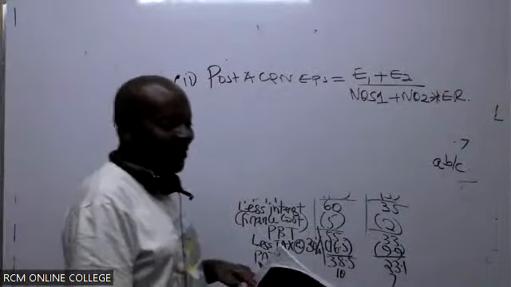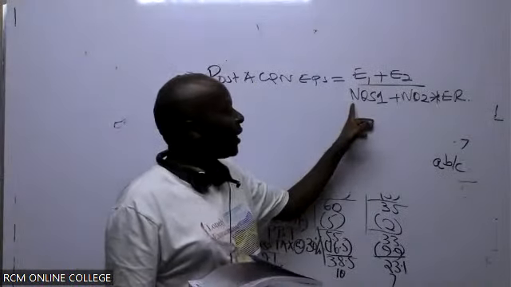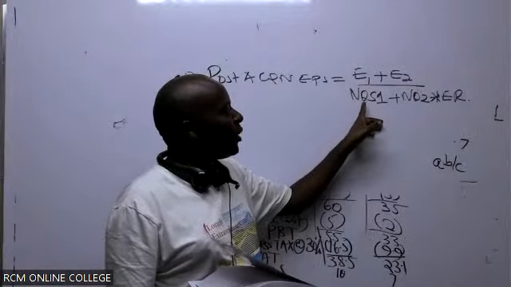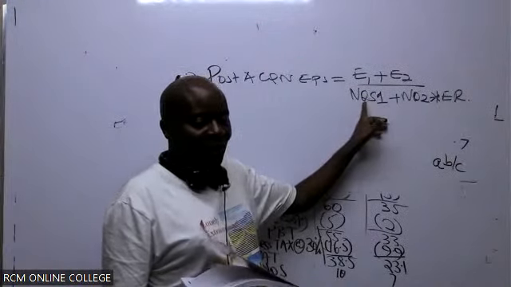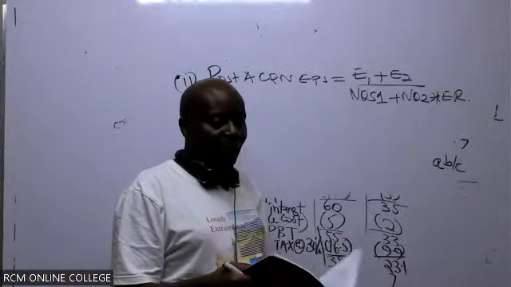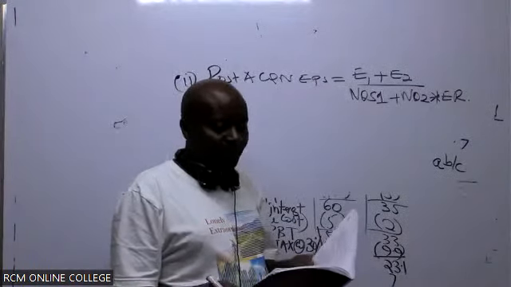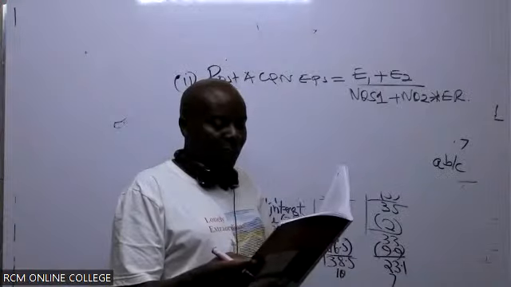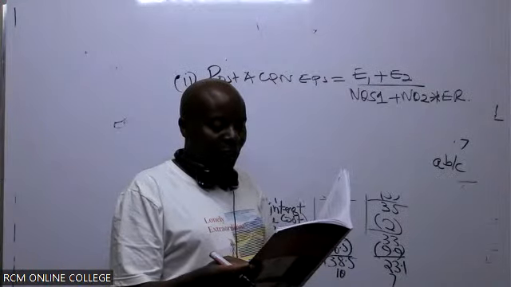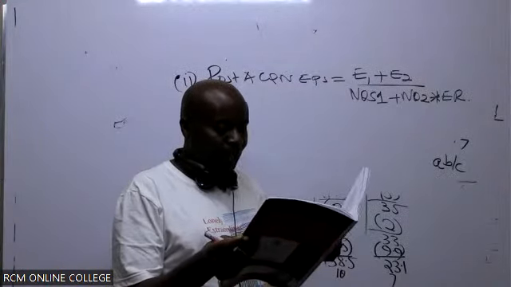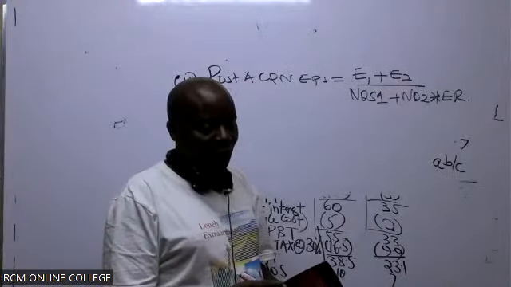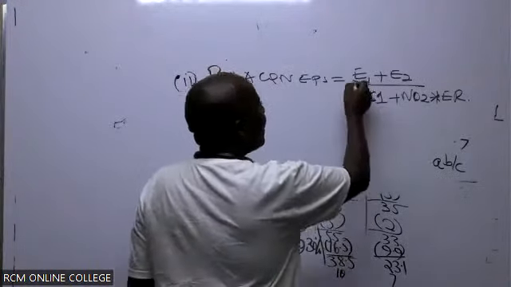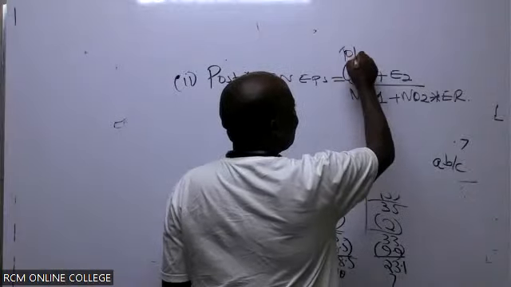Please write this in full somewhere there. This is NOS 1, the number of ordinary shares. I hope these ninjas are able to follow. And don't forget that this stands for total earnings, not EPS.